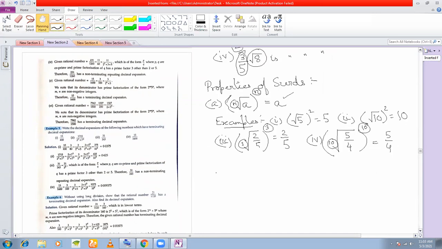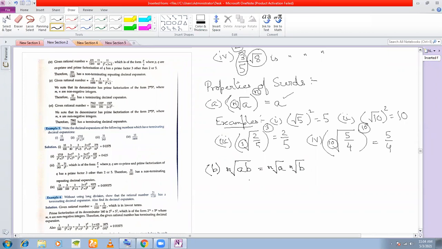The next property of a surd is that nth root of AB is equal to nth root of A into nth root of B. Before proceeding further, let me tell you one thing: do not panic when you see cube root and fourth root, because we will mostly be dealing with square roots.